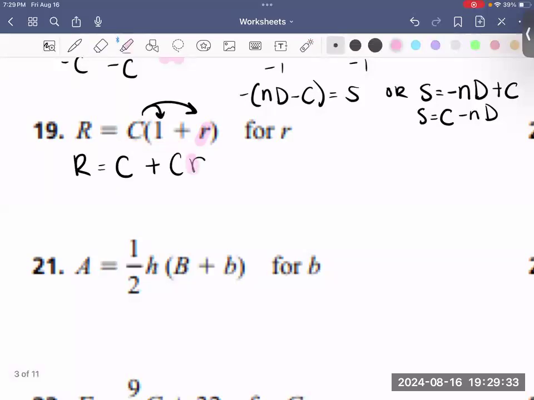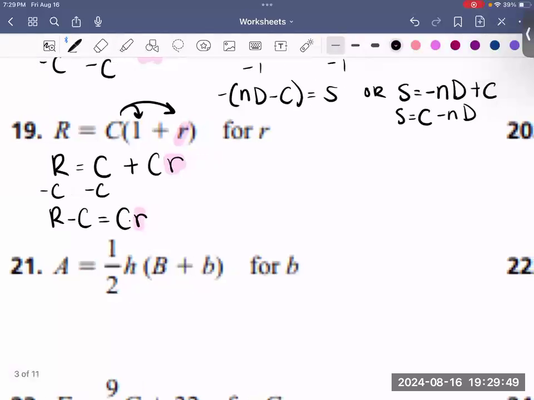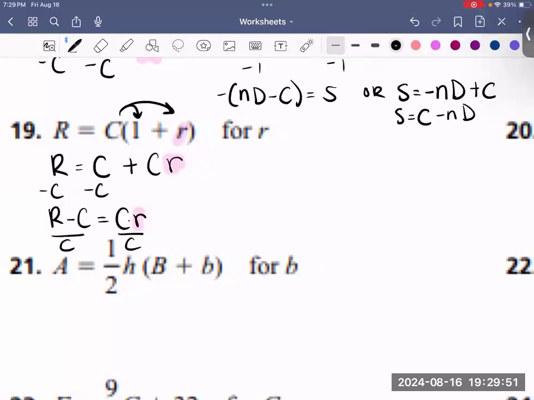And again, we're just interested in R here. So we can go ahead and subtract out your C because it's not something that we need. So we have R minus C is equal to CR. C is being multiplied by R. So we can go ahead and divide by C. So R is equal to R minus C over C. Now, depending on your instructor, they might not allow you to leave it this way because we can simplify.